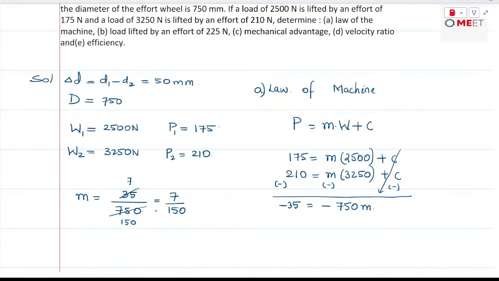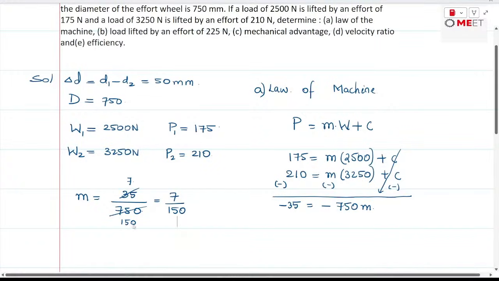Now in the next part it is asking, if the effort is 225, what is the load that is to be lifted?